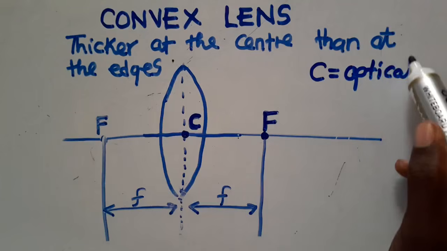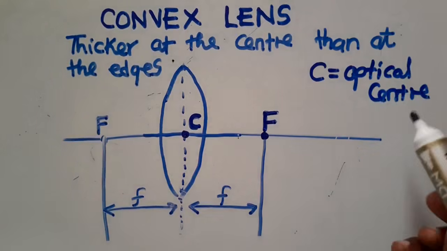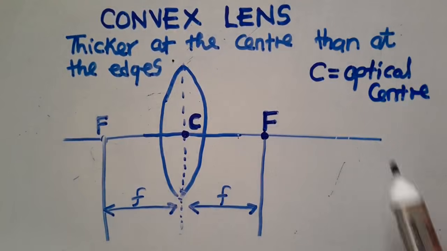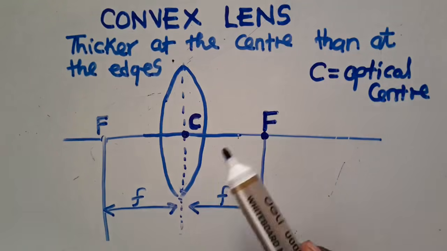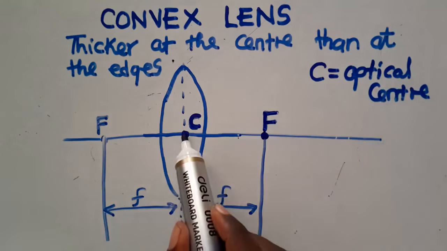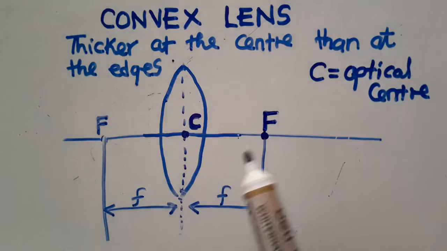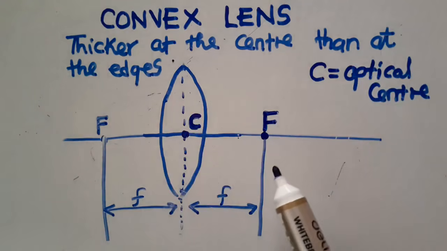If I ask you, where is the optical center? This is the center of the lens. So the center of the lens is called the optical center. Make sure you understand this.